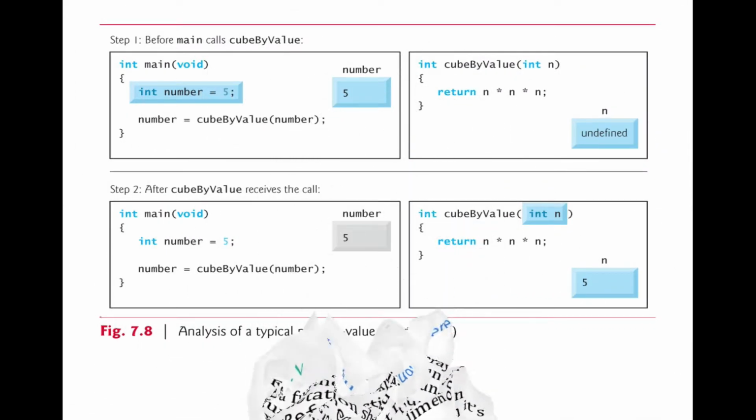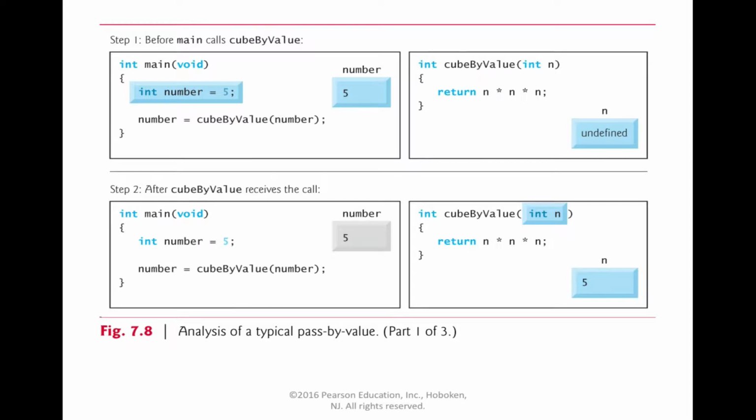So let's take a look at cube by value as sort of a visual step-by-step. So first, number is set equal to 5. Then we call cube by value with n, and n is undefined. So in the main method, number is still 5.